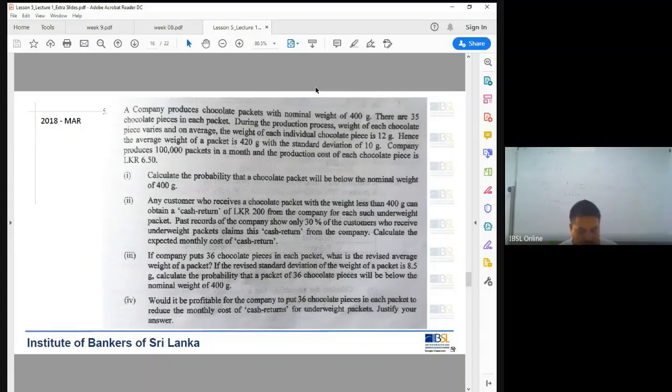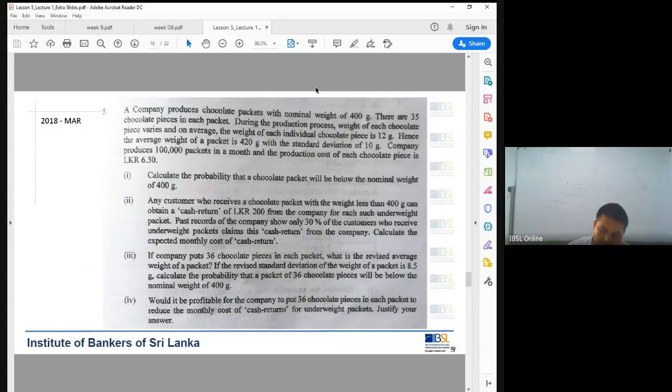Let's see whether I really need that. During the production process, the weight of each chocolate piece varies, and on average, the weight of each individual chocolate piece is 12 grams. Now, that's the important point to highlight. Hence, the average weight of a packet is 420 grams.